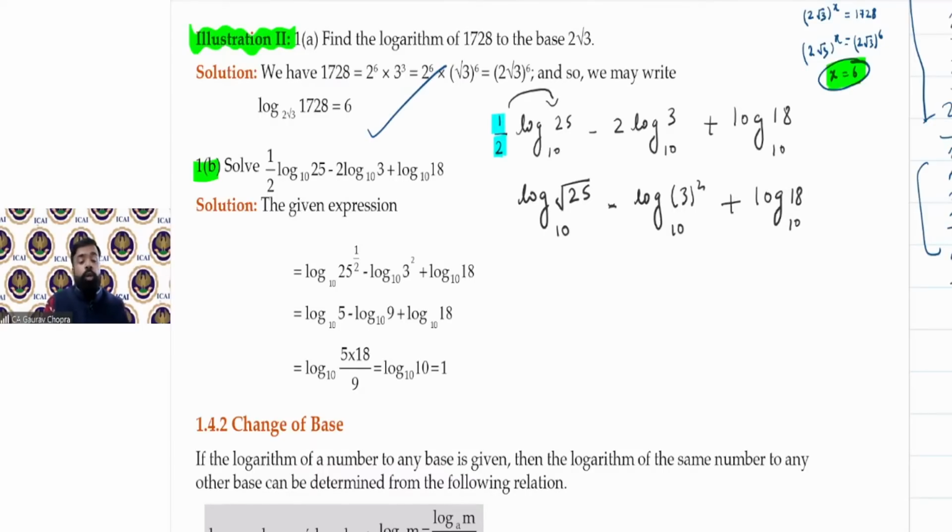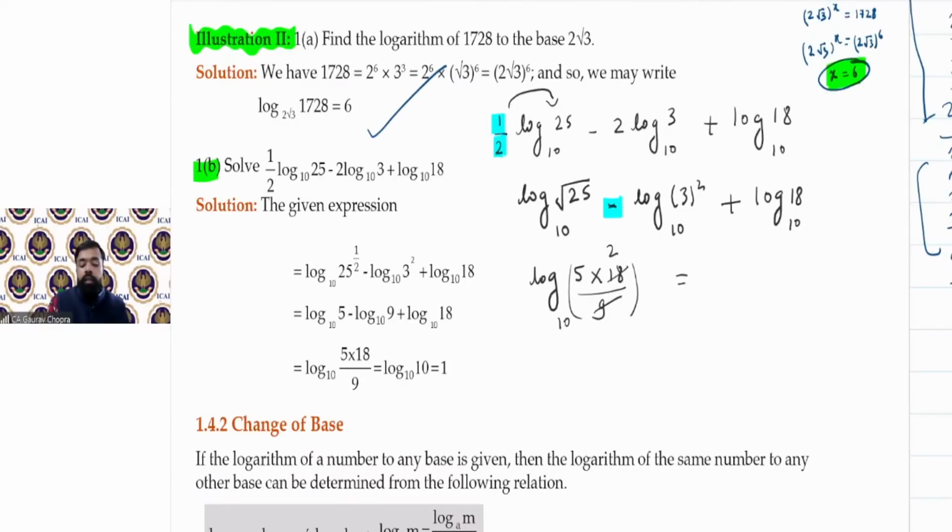So what is log root of 25? Root 25 is 5. The log of 5 is positive, 18 is also positive, but 9 is having the negative sign. This 3 square, 9, is having a negative sign. Therefore, we will be writing this in the denominator and the base is 10. Now you can cancel 9 with 18.